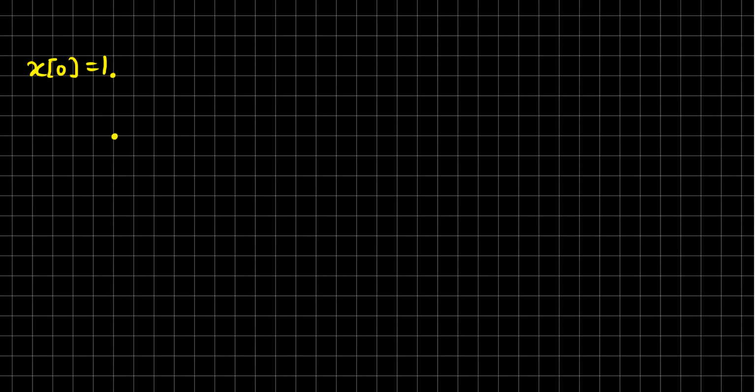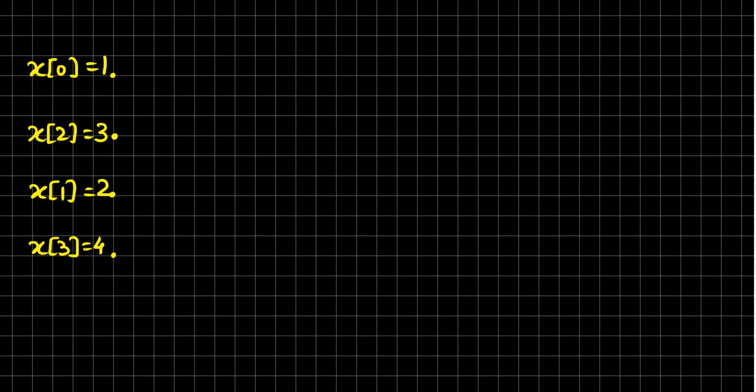The second point, that is x of 2, we need to consider in the bit reversed order, so that is equal to 3. Then we have the third point, that is x of 1, which is equal to 2, and the last point is x of 3, which is equal to 4.